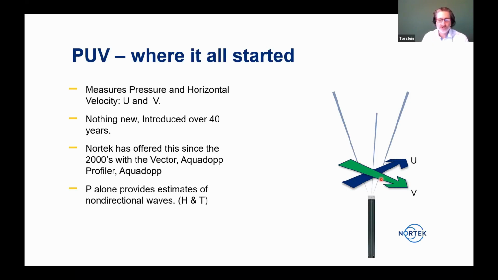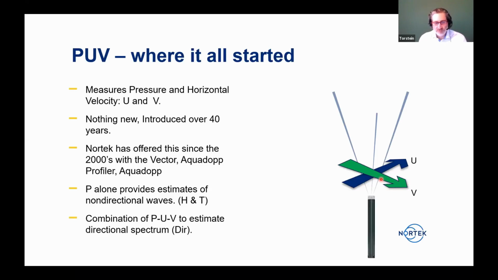The pressure, which is also measured from the instrument, allows us to estimate wave quantities that are non-directional. These quantities are height and period. The combination of the P and the U and V allow us to estimate the directional estimates: the peak direction, the mean direction, the spreading of the waves, and these sort of parameters.